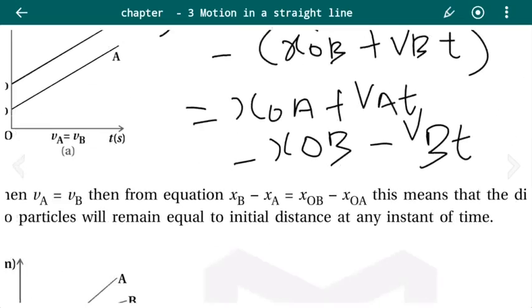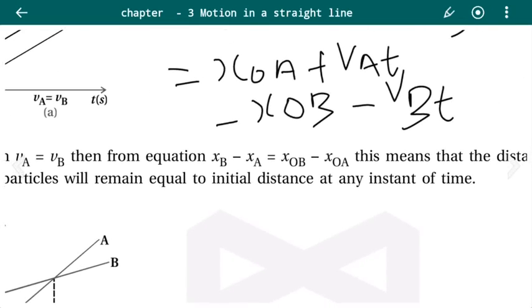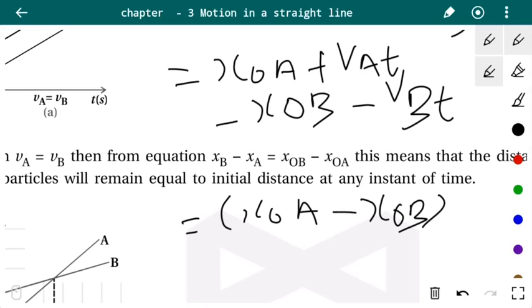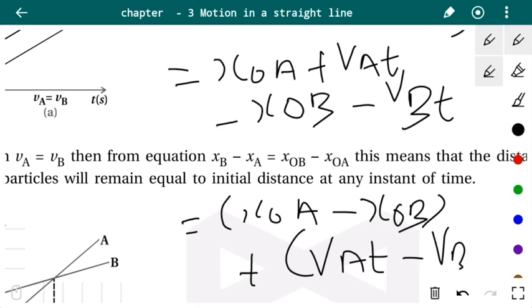Thus the same can be written as xoa minus xob, taking minus common, or just taking vat minus vbt in the bracket.